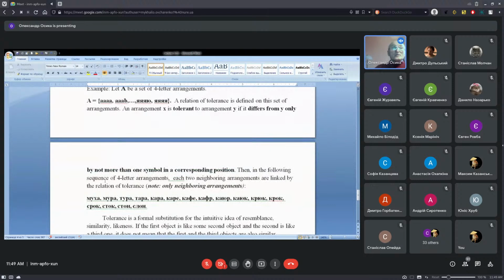Then the following sequence of 4-letter arrangements, of course, they belong to this set, each of them. Each 2 neighboring arrangements are linked by relation of tolerance.